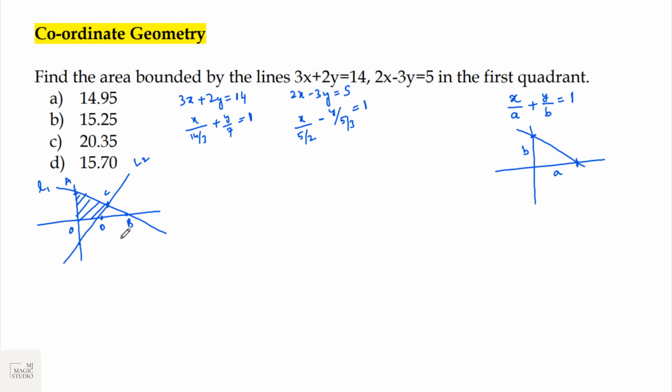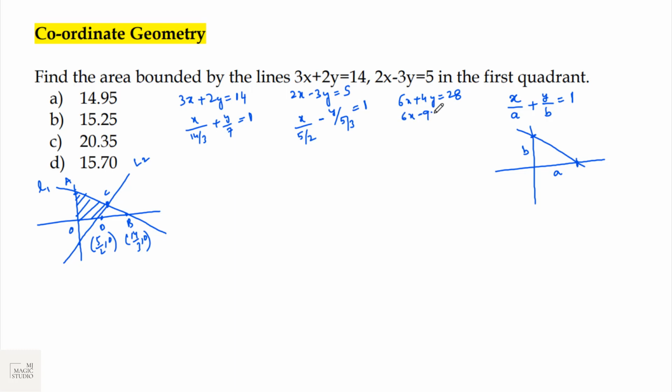Point B is (14/3, 0). Point D is (5/2, 0). And if we solve these two equations, we can find the value of C. Let's multiply this by 2: 6x + 4y = 28.